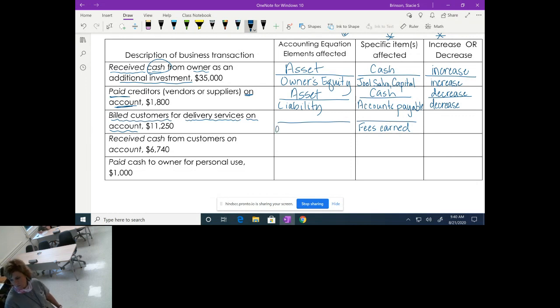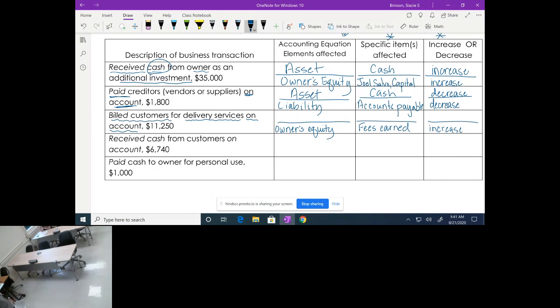Owner's equity. Revenue will increase owner's equity. So that's the accounting equation element. Did it increase or decrease? Did our fees increase or decrease? Increase. If you've got fees earned, they're generally always going to be increasing. I can't really think of any time they might decrease unless you were given a refund, and they're not talking about a refund.